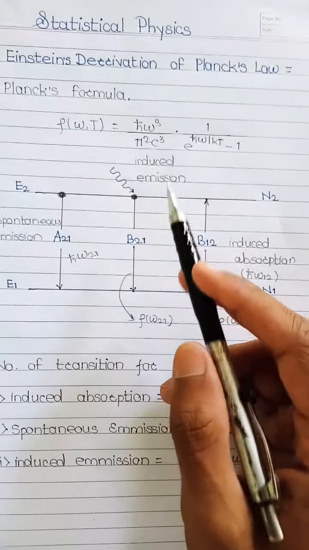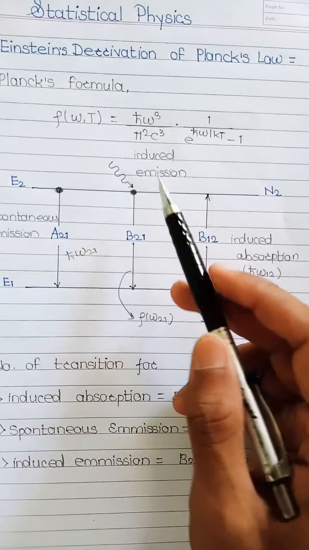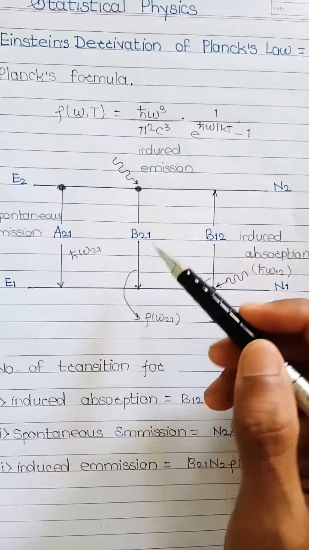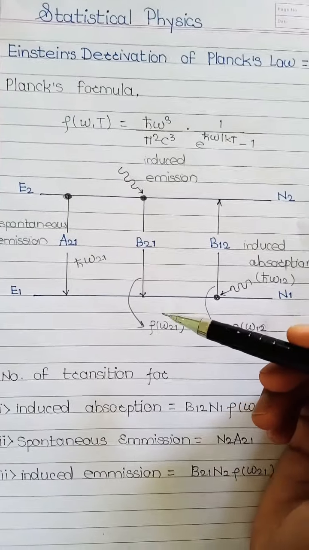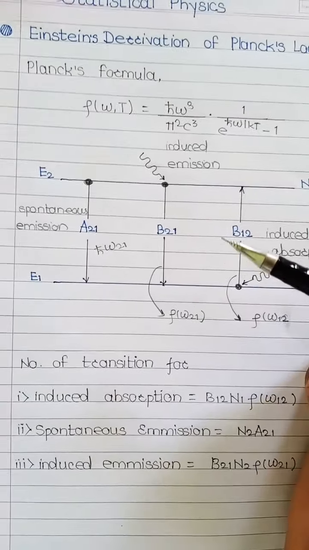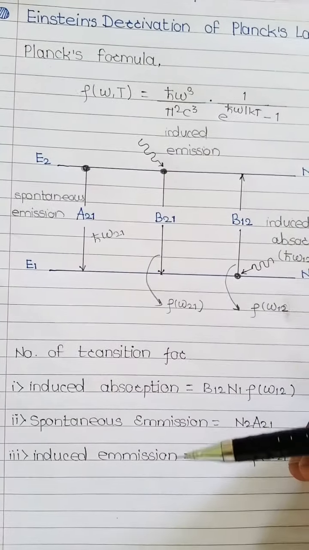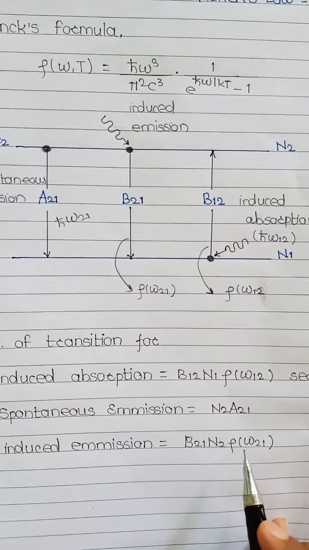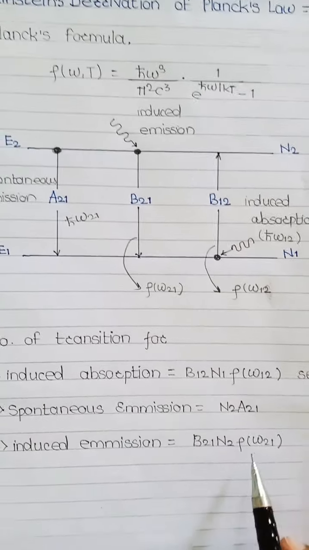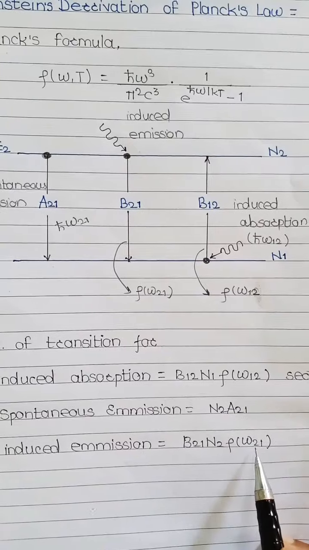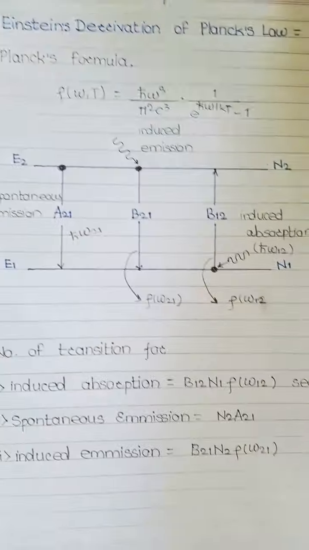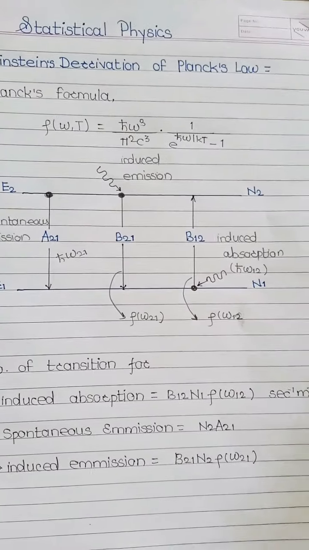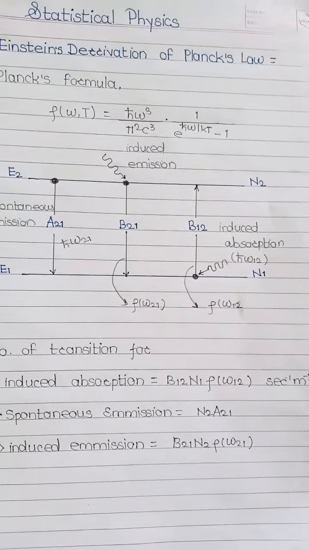Also, in presence of external radiation, the atoms in the level E2 may undergo induced emission and fall back to level 1, that is E1. In this case the number of transitions for induced emission is given by B21 N2 rho omega 21, where rho omega 21 is the external radiation density and B21 is the probability of transition per unit time.